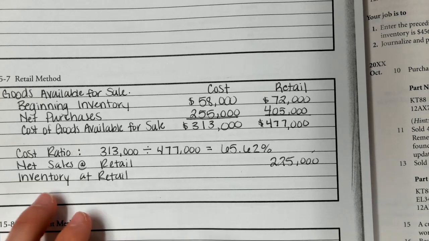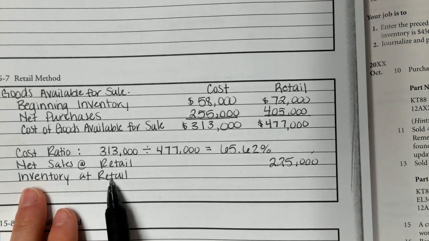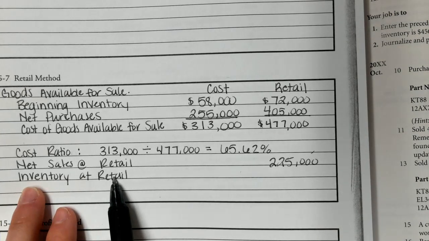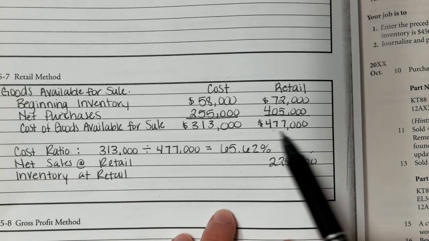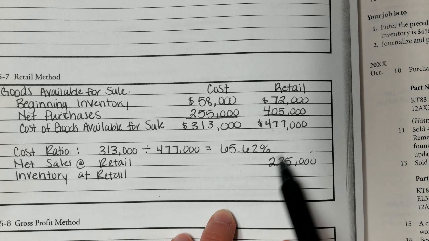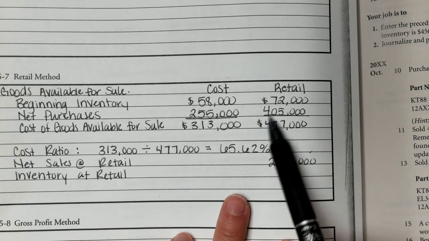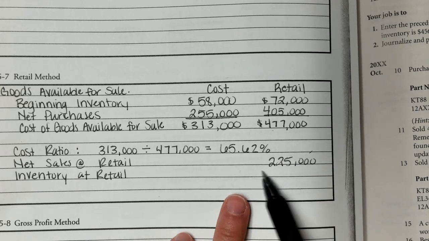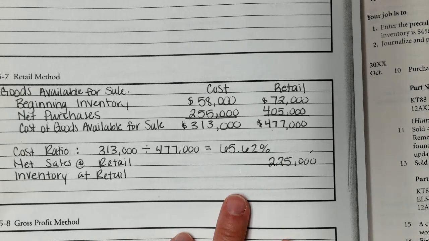Right, so to find our ending inventory for this month at retail, we're going to take the retail value of everything we have to sell minus what we actually sold at retail value. So it would be the $477,000 minus what we actually sold, $225,000.